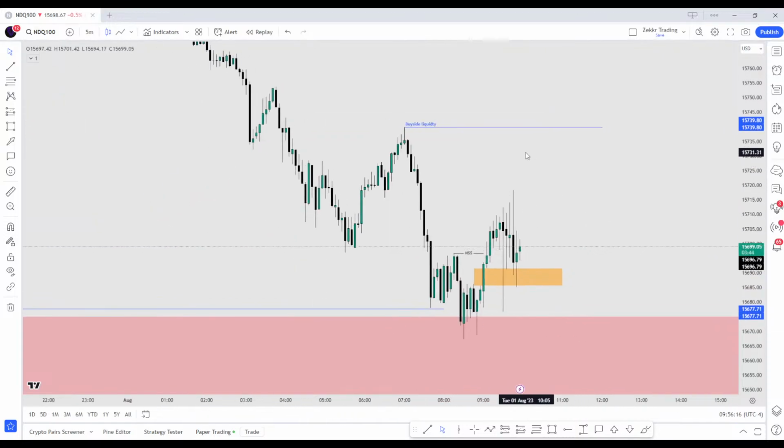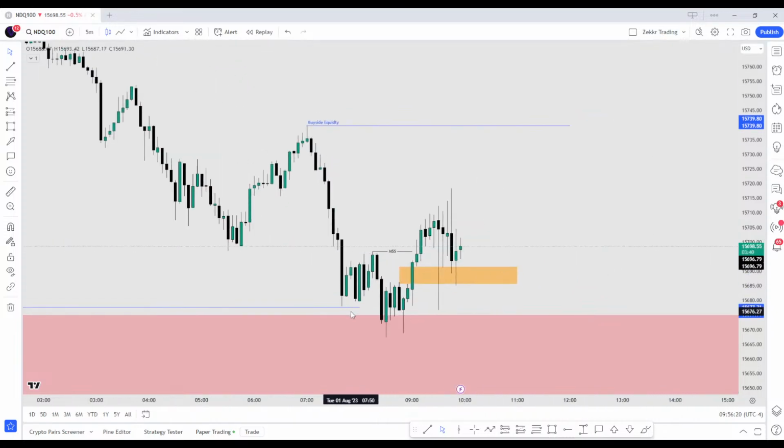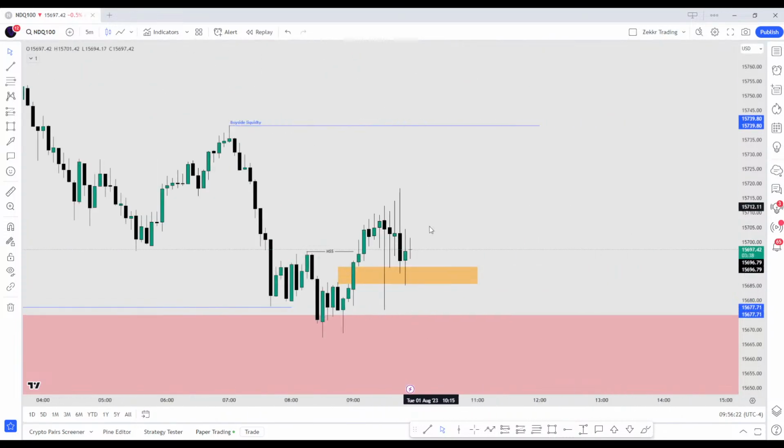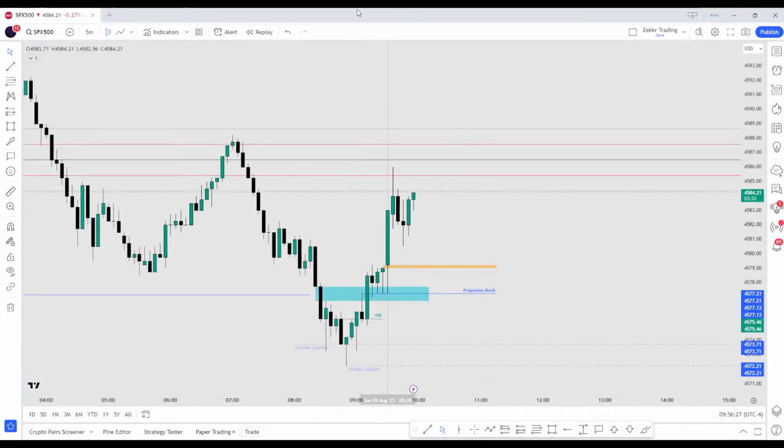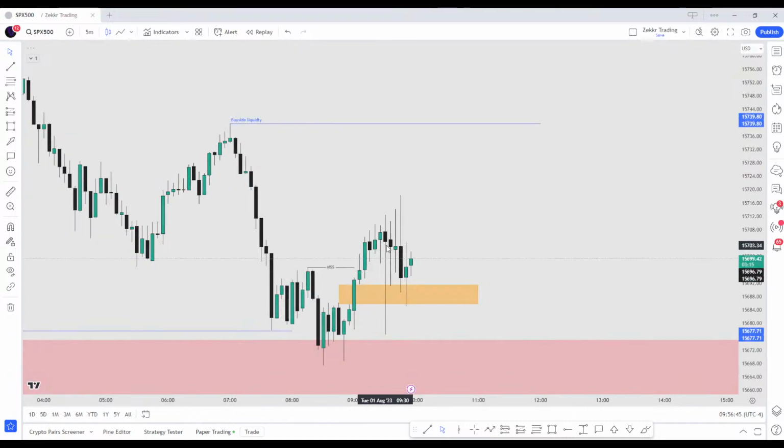Nice. I mean, the buy side liquidity is what ICT had marked out. And since we took sell side and we tapped into the Fair Value gap, I'm really expecting it to go higher on both SPX and Nasdaq, Nas 100. Yeah, SPX is moving higher, which the Fair Value gap order block entry.